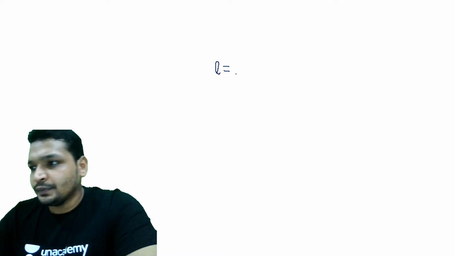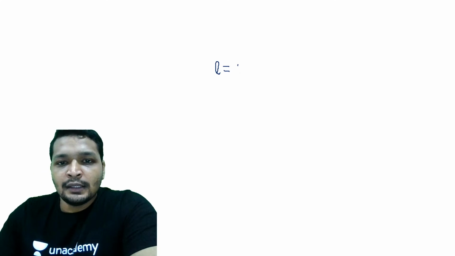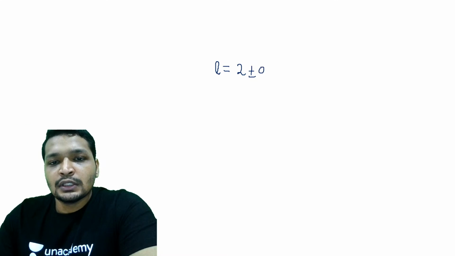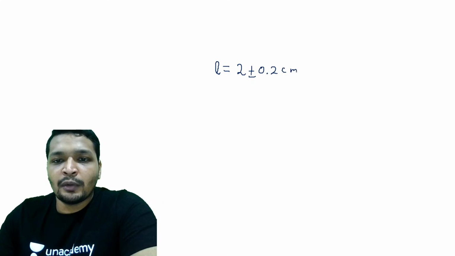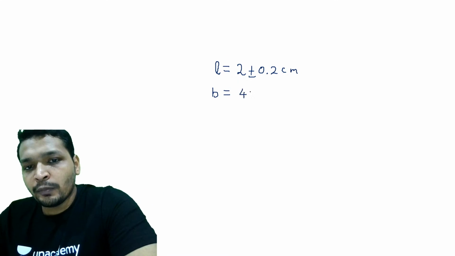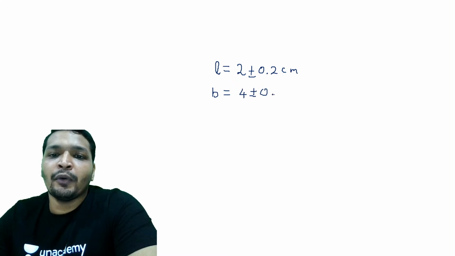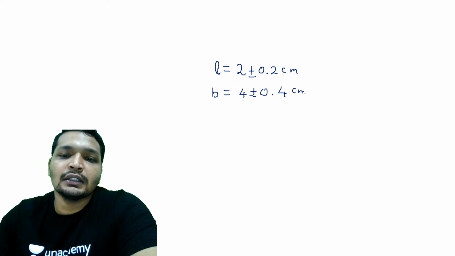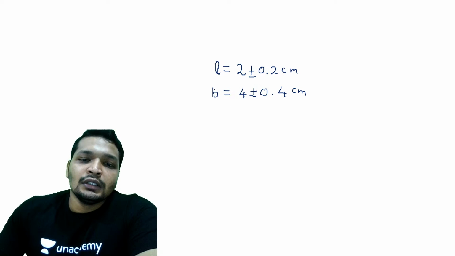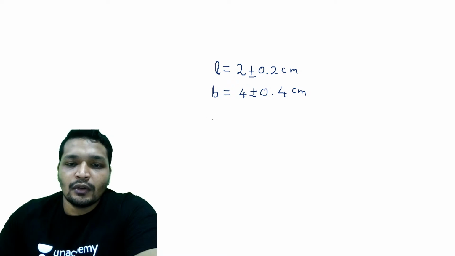Your length was given as 2 plus or minus 0.2 centimeters. What about your breadth? Our base was given as 4 plus or minus 0.4 centimeters. This is what is given to you.